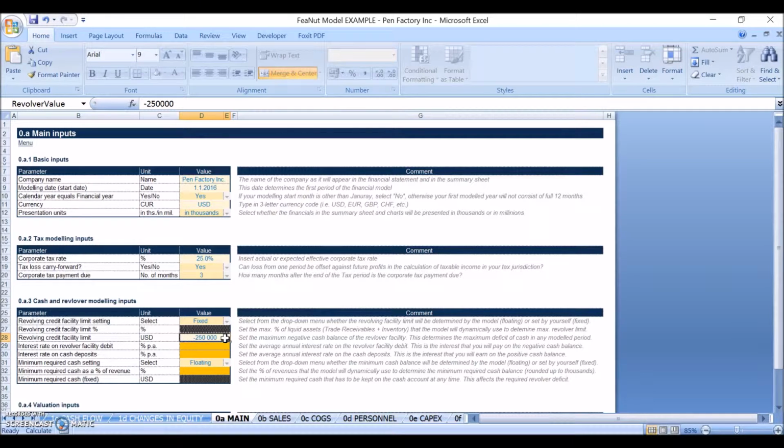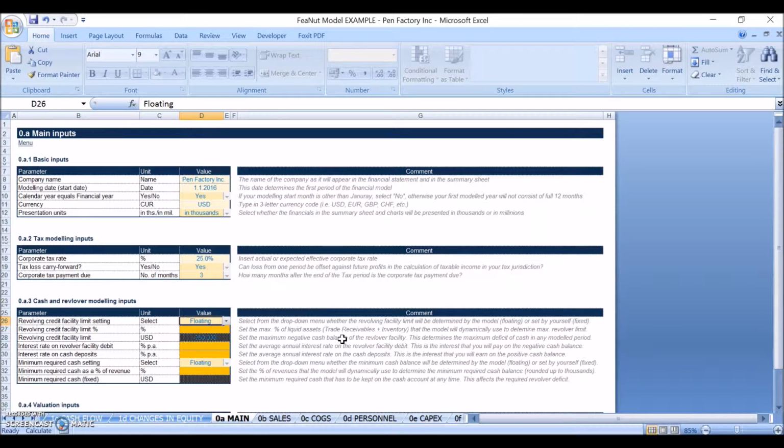But sometimes this limit is actually set as a floating limit. What that means is that the bank does not set a fixed limit for these short-term borrowings, but instead these are calculated as a percentage of some liquid assets that the company has.